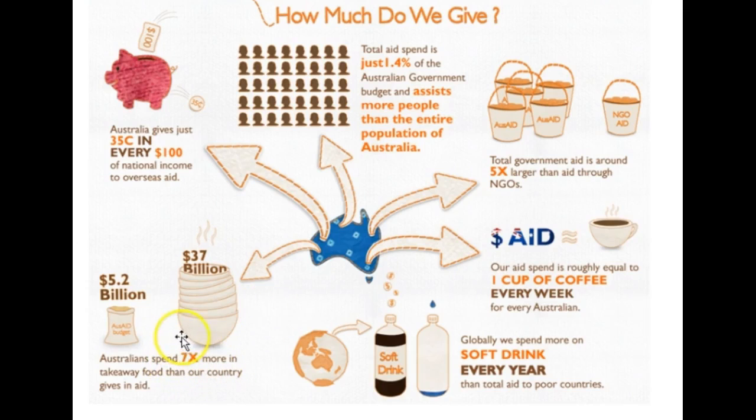So in 2014, Australia's aid budget was $5.2 billion, and that means Australians spent 7 times more on takeaway food than our country gives in aid, because we are spending $37 billion on takeaway food, but we are giving out $5.2 billion in the form of aid to the poorer nations, or the nations who need our aid.